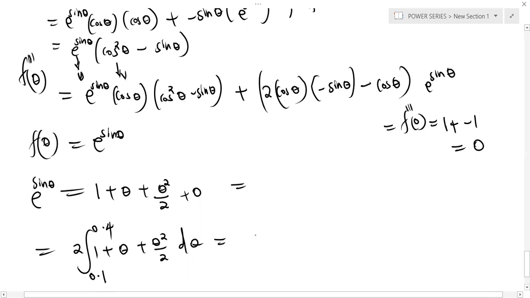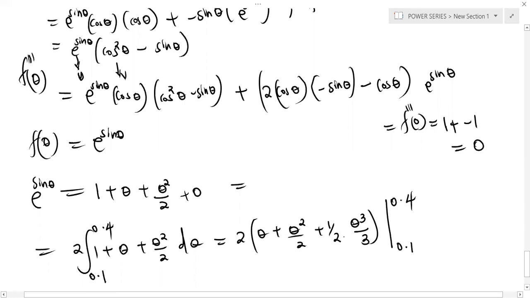And now you can clearly see that it is easy for us to integrate this. So the integral of 1 is theta, plus the integral of theta, that's theta squared over 2, plus a half the integral of theta squared, that's theta cubed over 3. And we are evaluating in the range from 0.1 to 0.4.